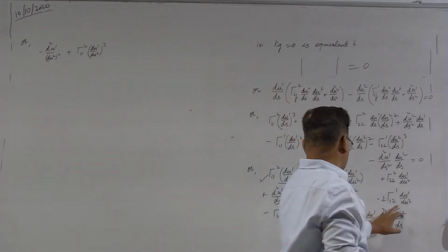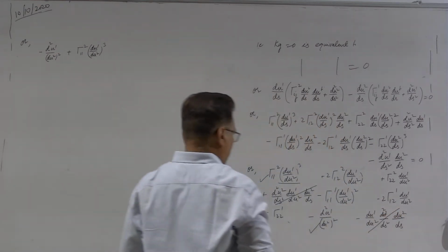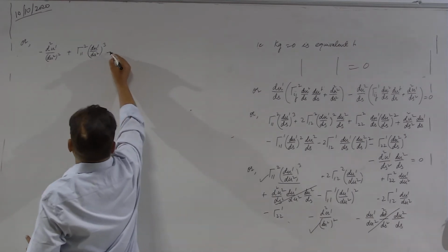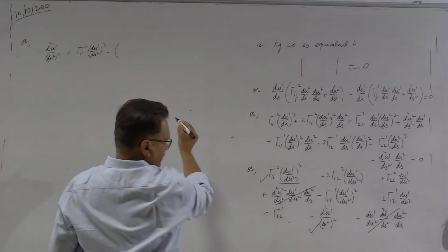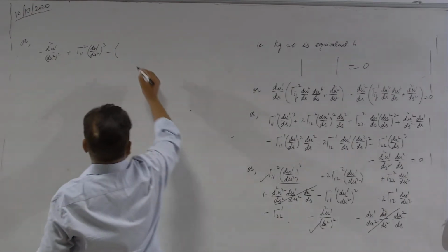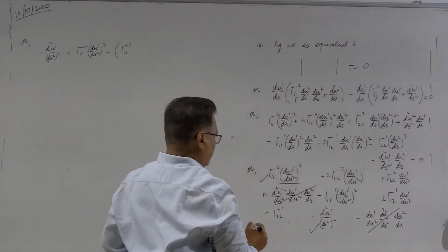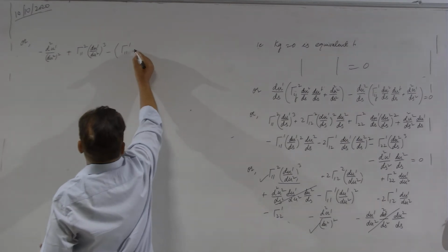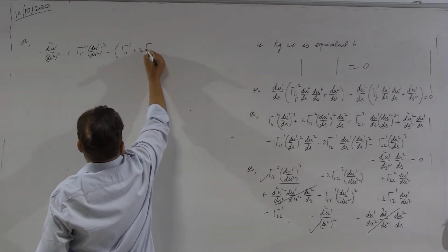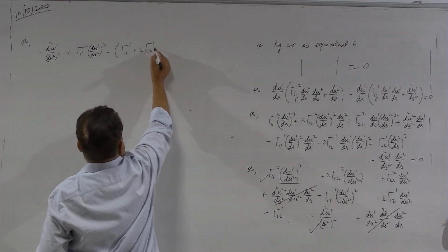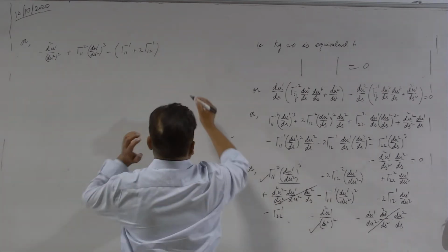These two terms are square, so minus I will take common, so it becomes gamma 1 11 and then plus 2 gamma 2 12, into (du1/du2) square.